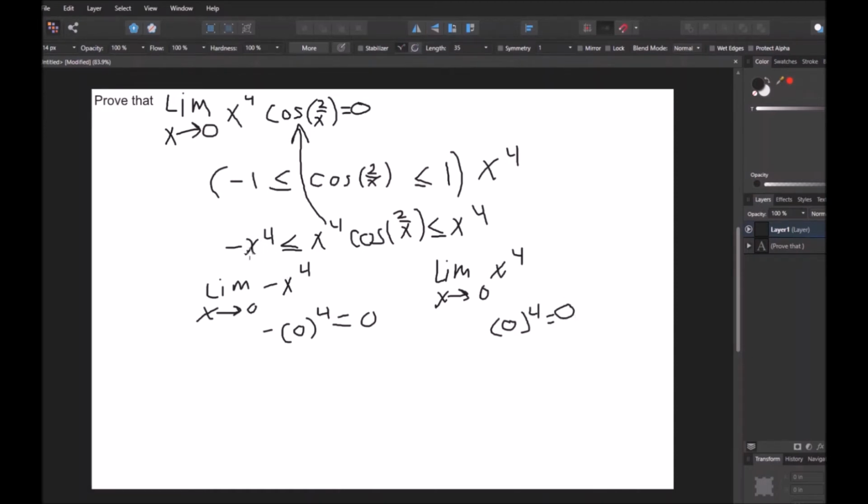So we can see now that the limit from the smaller function approaches 0, and the limit from the larger function approaches 0. So by the squeeze theorem, we can say that the limit as x approaches 0 of x to the fourth times cosine of 2 over x equals 0. And this would be your answer, this proof.